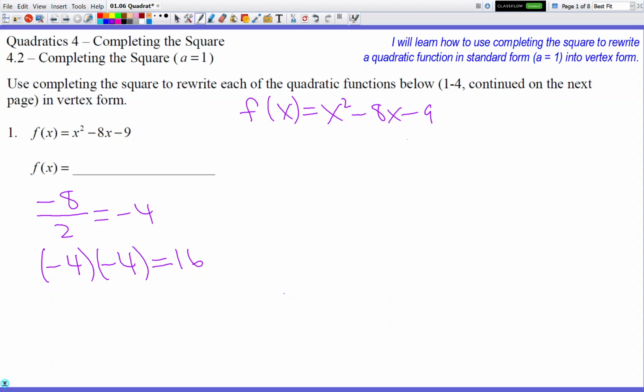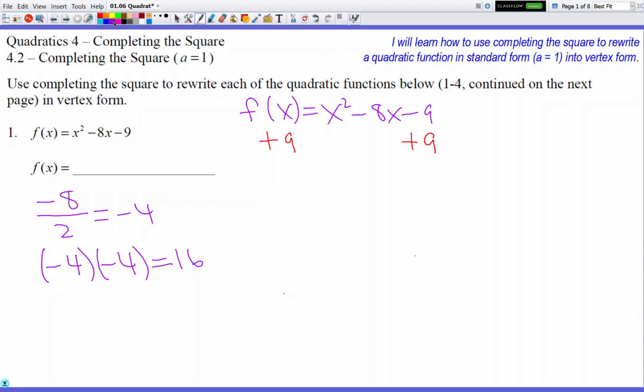So what kind of math do we know that can make this negative 9 disappear from the right-hand side and go to the left side? If you said add 9 on both sides, you're absolutely correct. That's what we want to do.